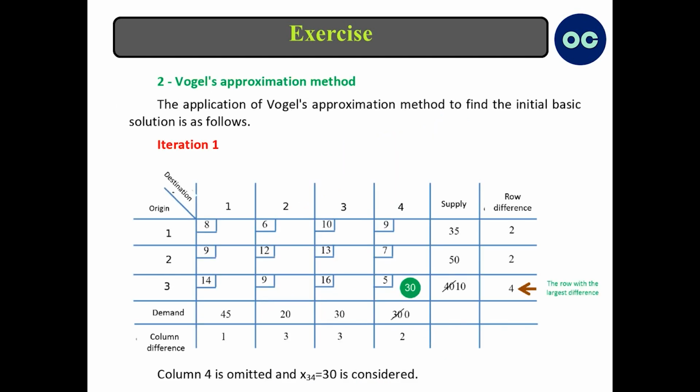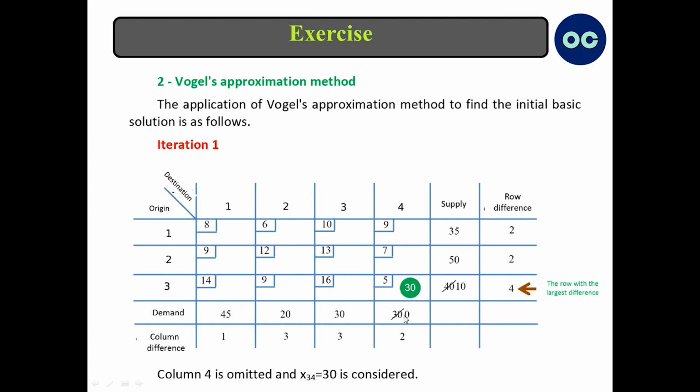There is another way, the Vogel approximation method, which we use here. As you remember, we calculate the column and row differences, and we pick the maximum, and for the maximum we find the minimum cost value and set the maximum value we can from the demand and the supply. So here this is the 13 and we update 13 and 14.